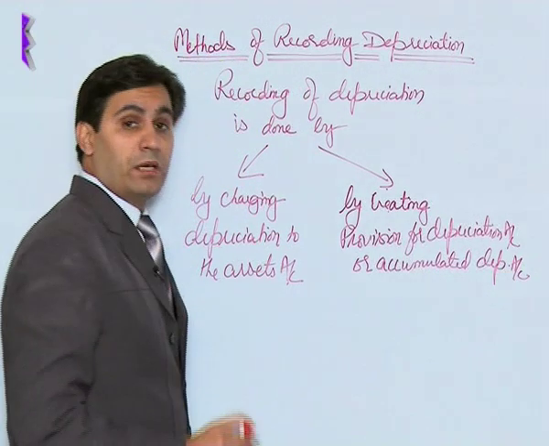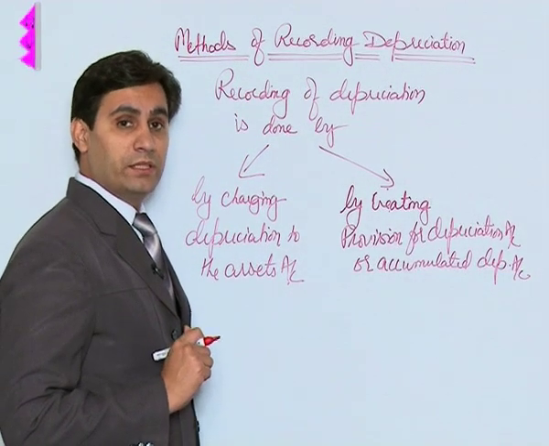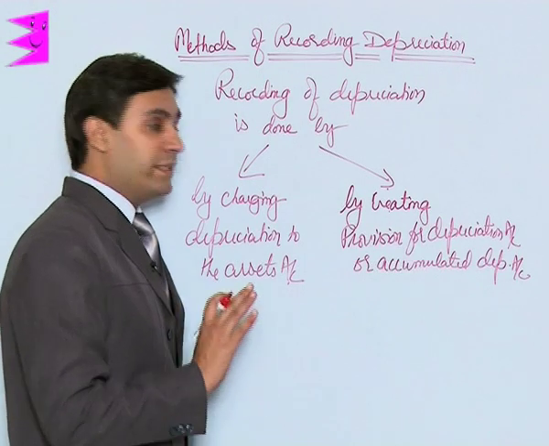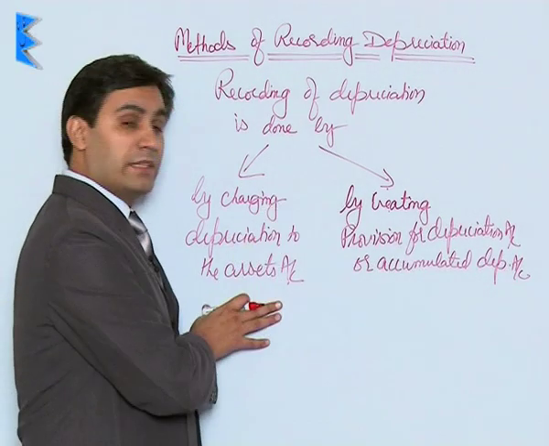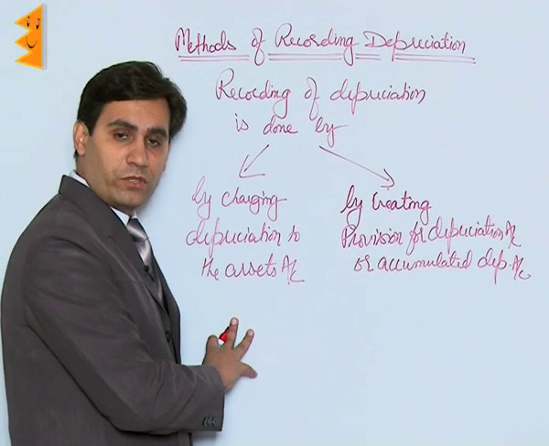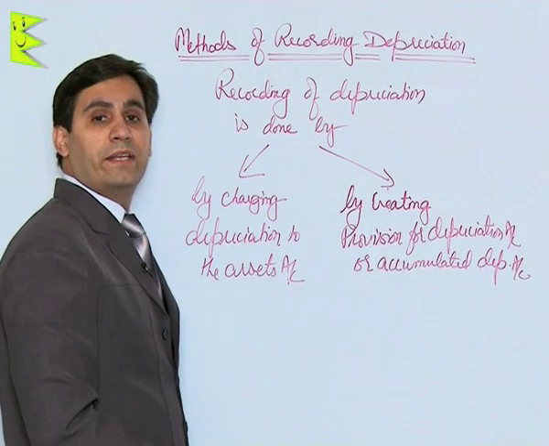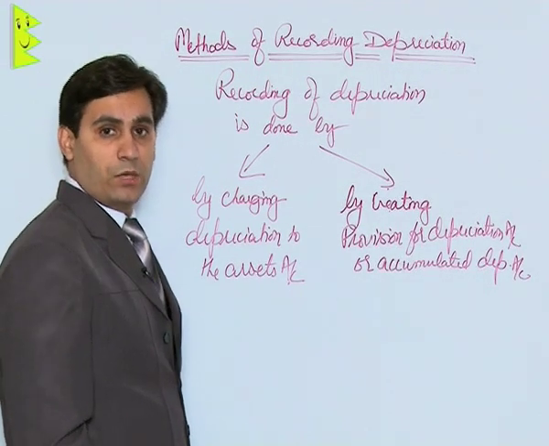So now students, remember, depreciation will be calculated by straight line method and written down value method, but it would be presented either in this manner or in this manner, that is either directly deducted from the cost of the asset or by creating a provision or by creating an accumulated depreciation account.